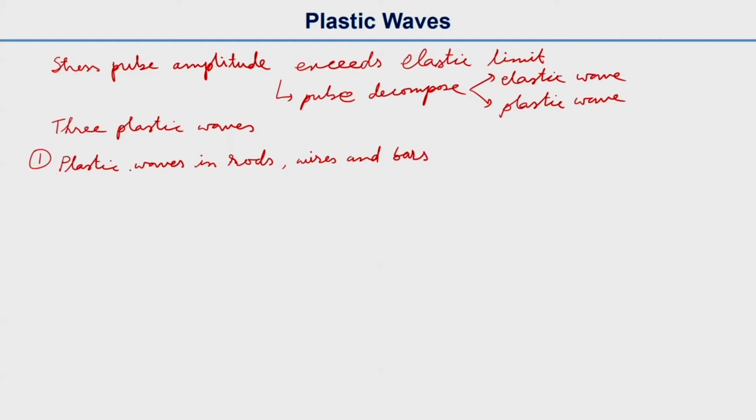In this case, let us say one example is we have a rigid target and a cylindrical rod, or we can draw it a little longer. The cylindrical rod is hitting the rigid target, and this is a case of uniaxial stress. If the stress pulse amplitude is sufficiently high, then plastic deformation will happen and a plastic wave will propagate through it.